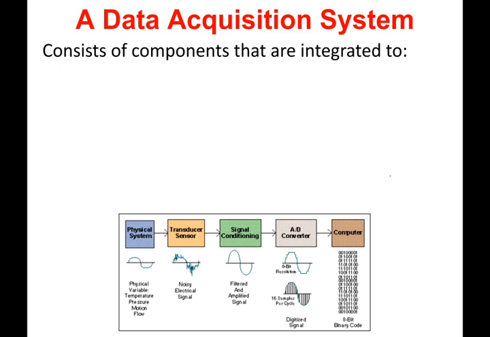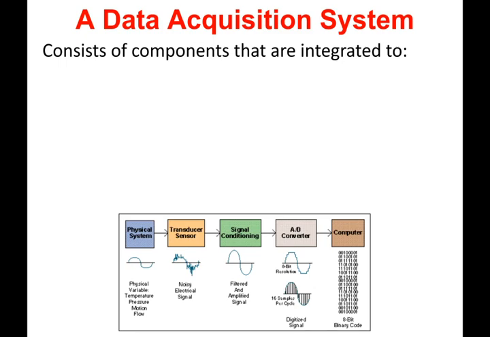Aerospace Lab 2. Today we are going to continue the discussion we have had so far for the vibration lab, and we talked about the theory, the vibration theory we are going to use in the lab.